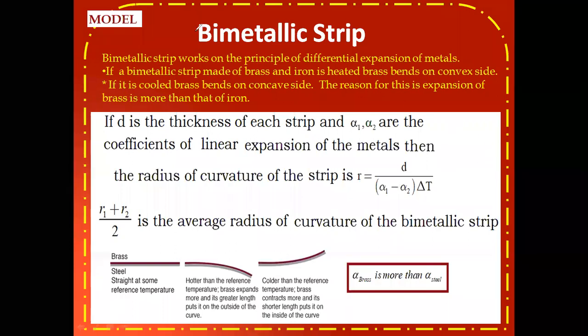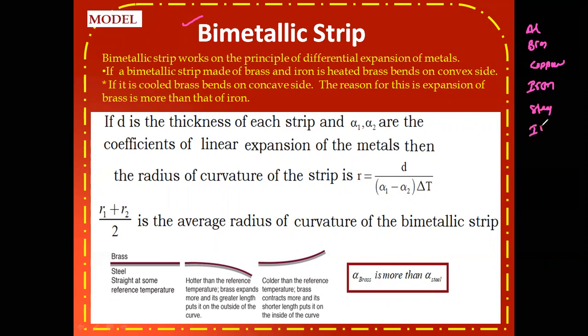Next one. This is the bimetallic strip. To solve problems based on the bimetallic strip, the sequence is important. That is aluminum, brass, copper, iron. At least a few values you should keep in mind. Then steel is there.